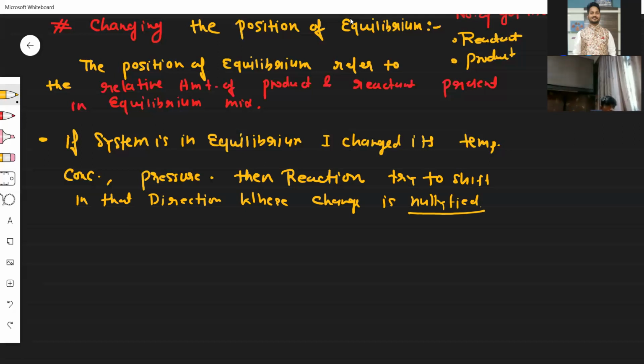Obviously it will lose its equilibrium, so again it will come back to the equilibrium position.